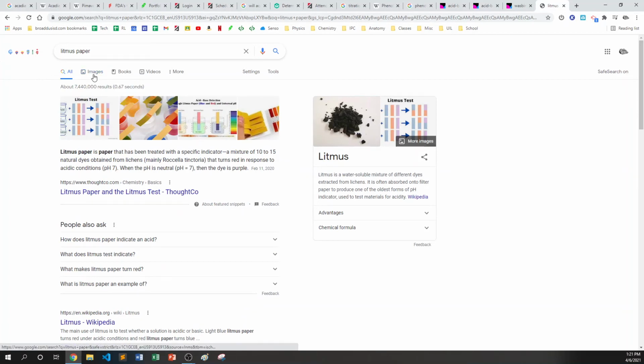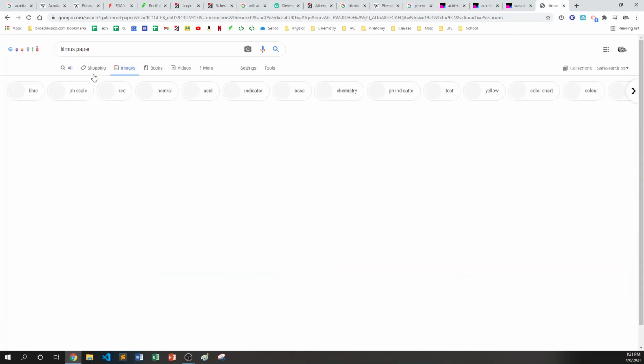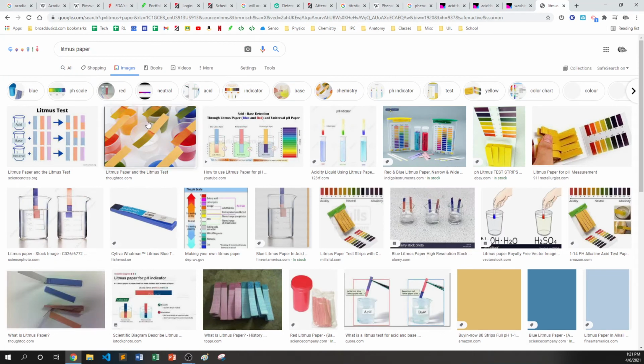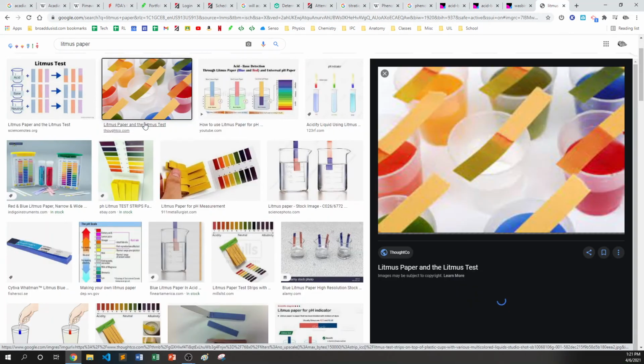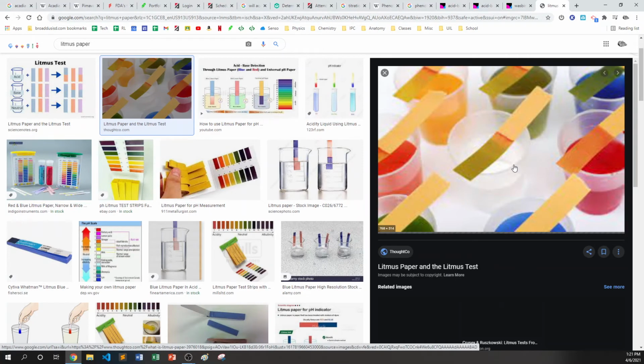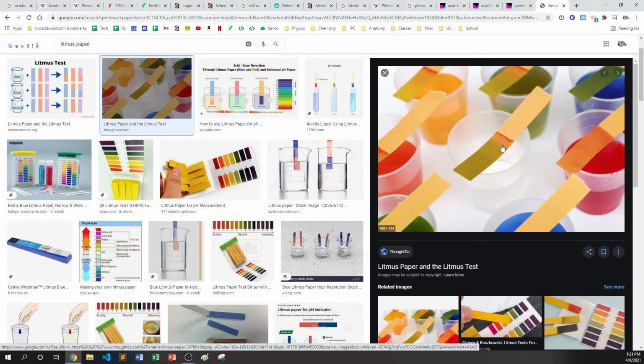That's another chemical whose color is sensitive to acid conditions. It's not very precise, but it can be used precisely. You put it in acid, and it changes color. I think it's red for acid.